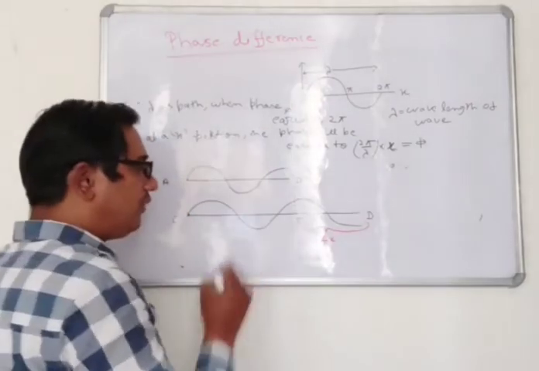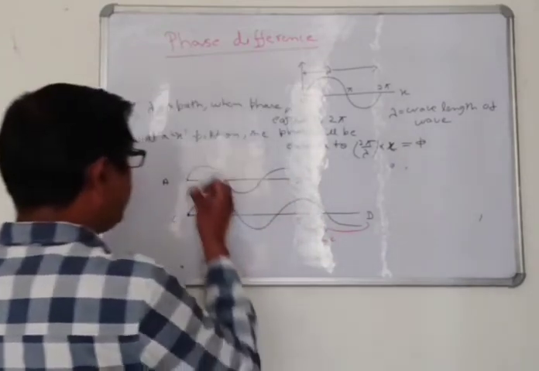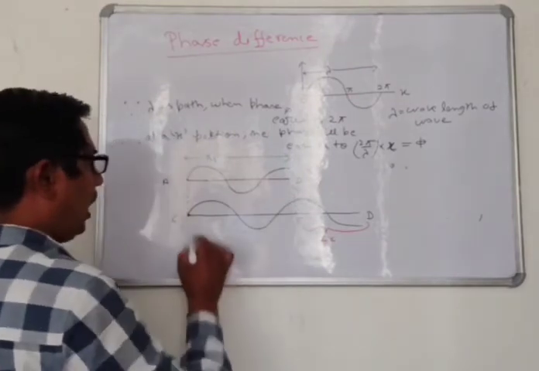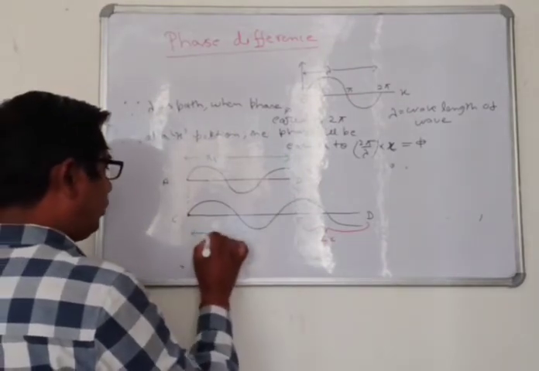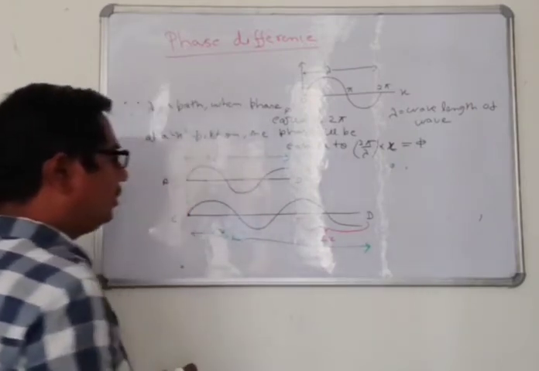Okay, what will be the phase? Suppose object 1 is traveling a distance x1 and object 2 is traveling a distance x2.